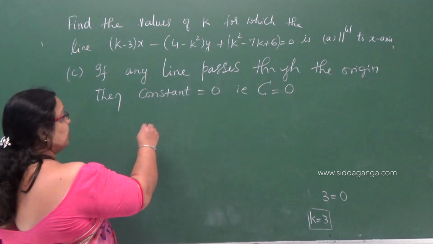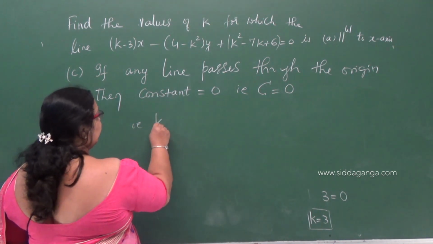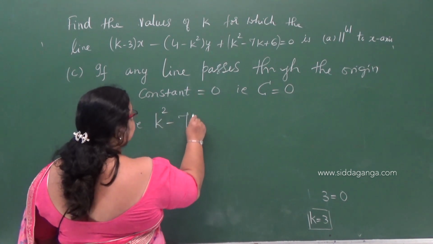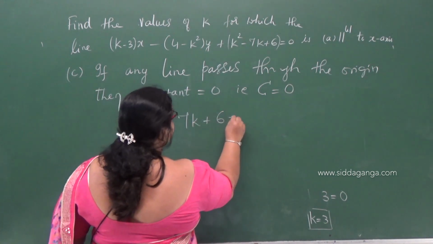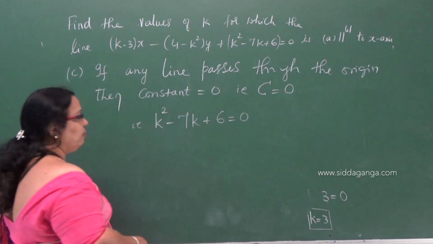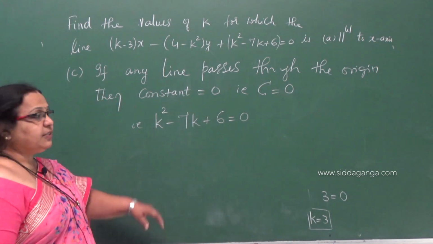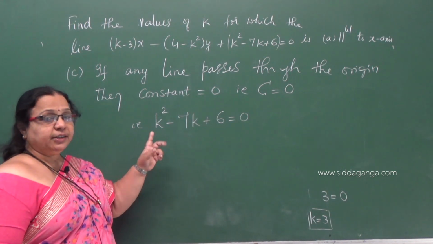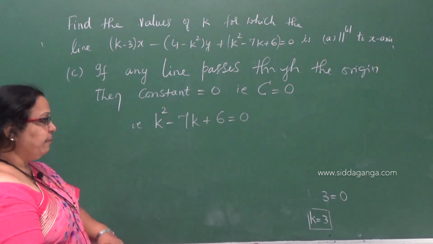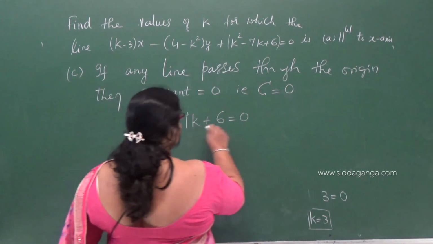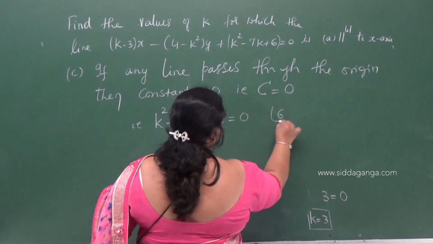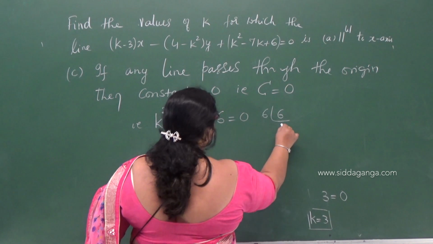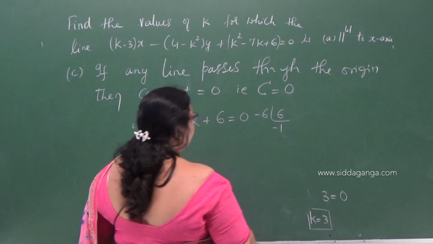In the given equation, in place of C we have k square minus 7k plus 6 equal to 0, as given. Now this is a quadratic equation and hence we have to find two values for k. So plus into plus means plus 6, this can be split: 6 ones are 6, minus minus.